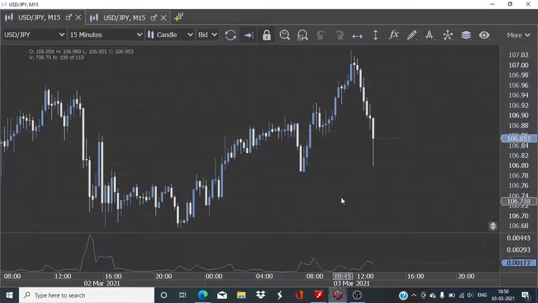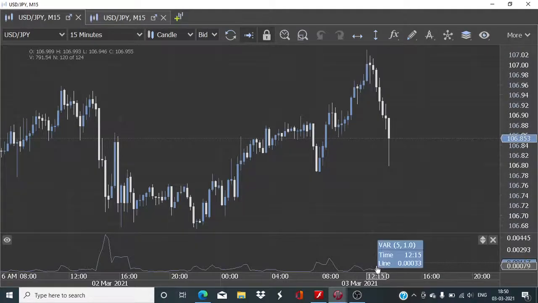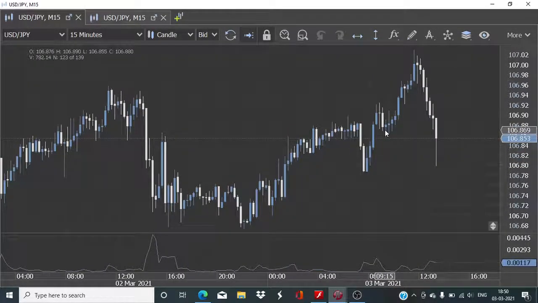So if and when the variance values condition is fulfilled, and these conditions are met, we will be going for the stop order on the price which is going to be above the current market value.